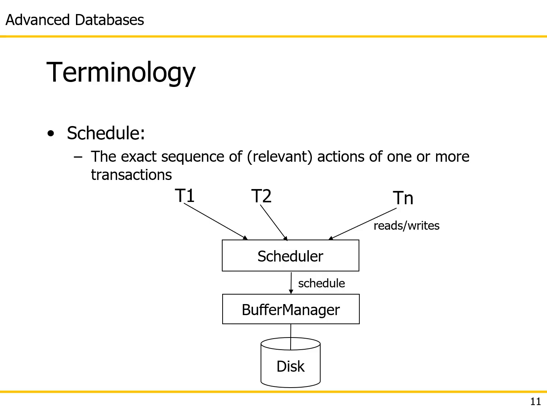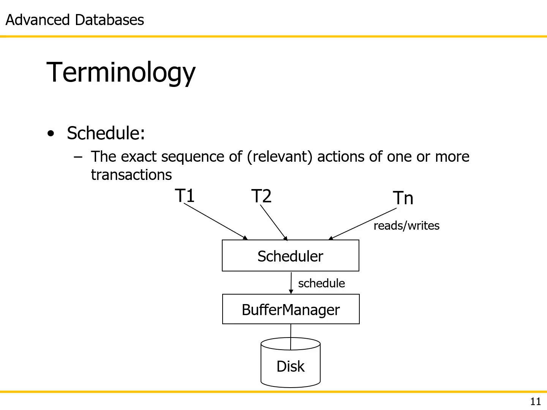So now you understand how important the scheduler is. The scheduler is going to decide when a transaction is running versus when it should stop. And what it outputs is a sequence of reads and writes that will result in a consistent state.